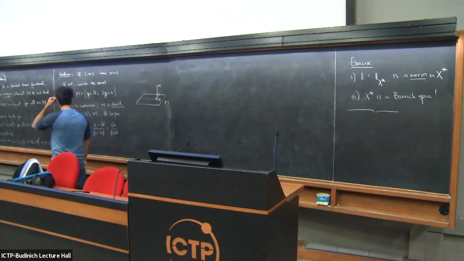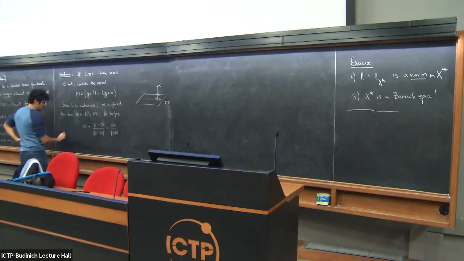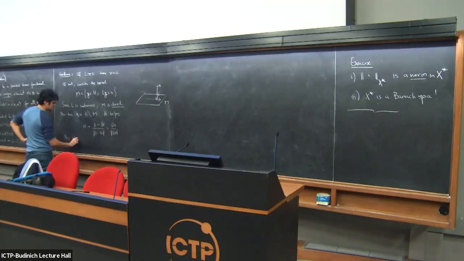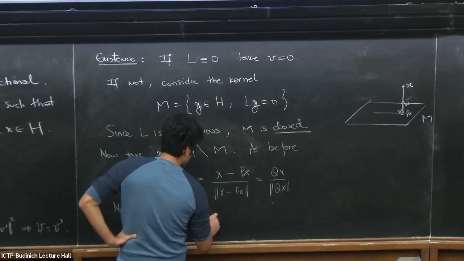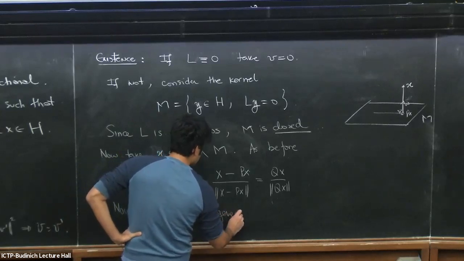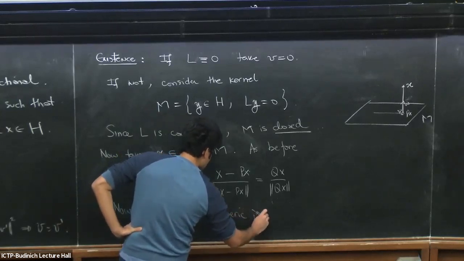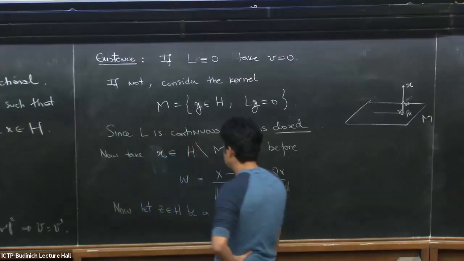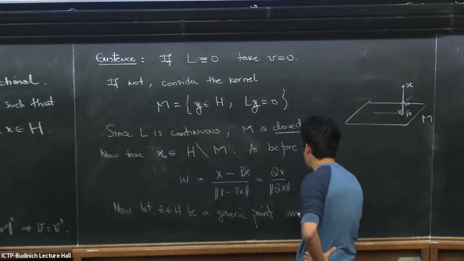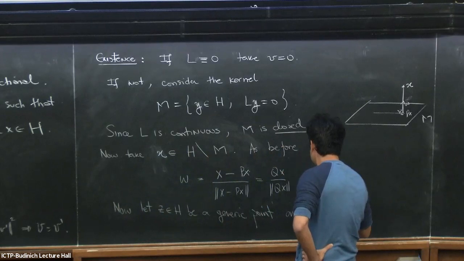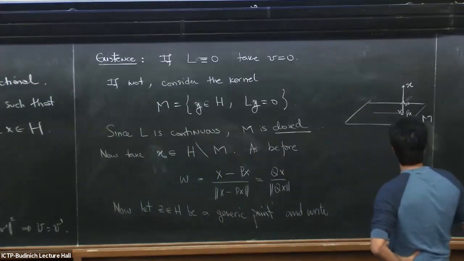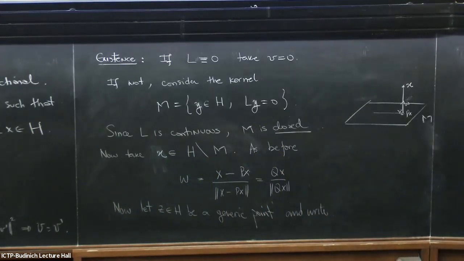Okay. So now, let's do this. Let Z in your Hilbert space be a generic point. Let me write U being another point in the Hilbert space.